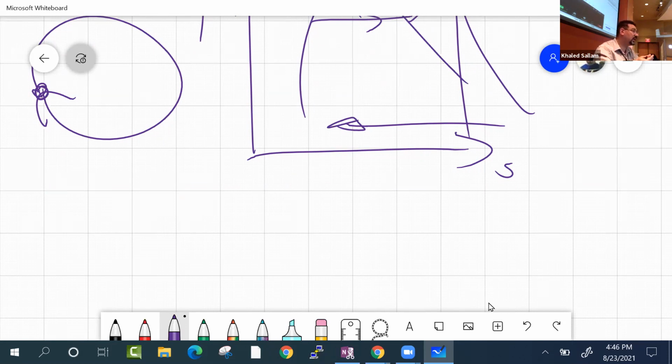Another way to say the second law is that heat has to go from hot to cold. But if you want to make the heat go from cold to hot, if you want to take heat from this room that's already cold and send the heat out to the very hot ambient outside.